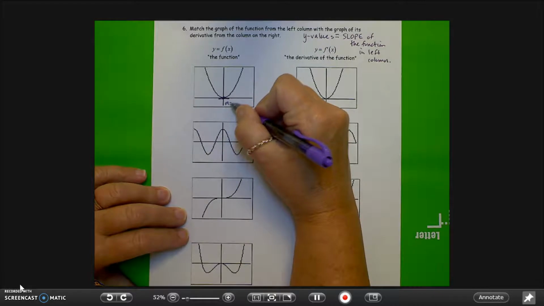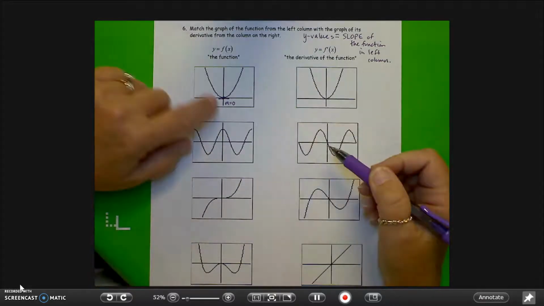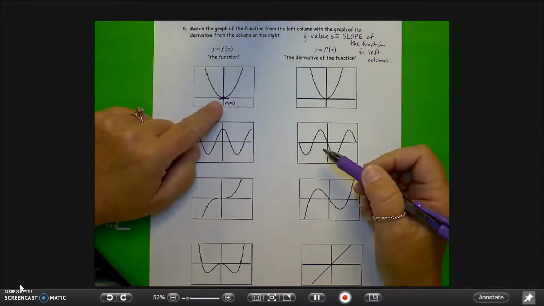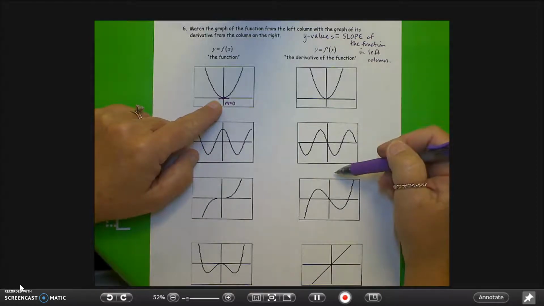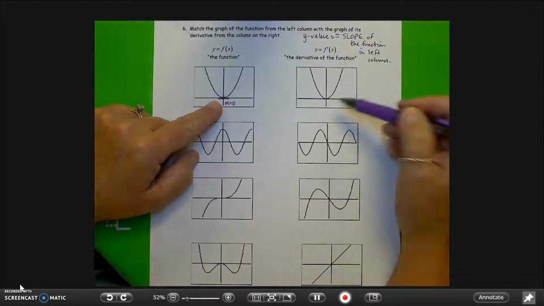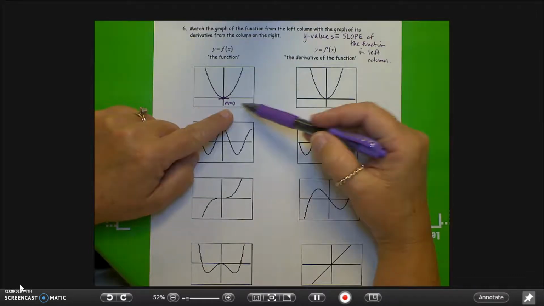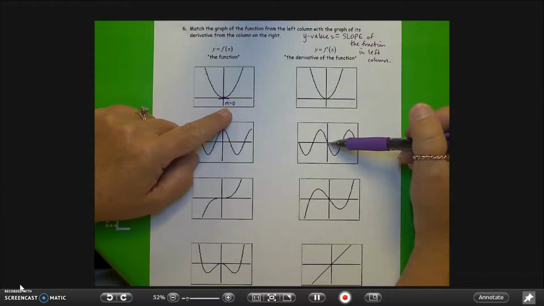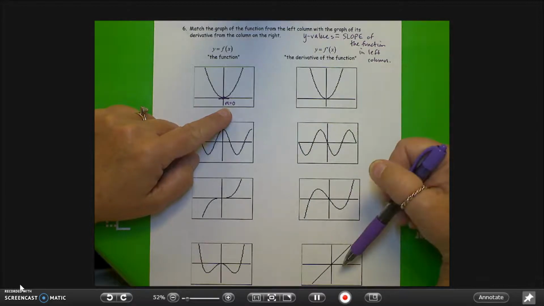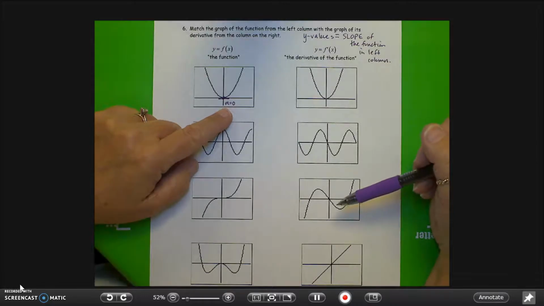So the slope at that point actually equals 0. So at x equals 0, the slope is 0. So if I was trying to find that on these graphs on the right-hand side, I would be looking for a place where at x equals 0, y equals 0 as well. And actually, every single graph has that feature. So that by itself isn't going to help us do any matching.